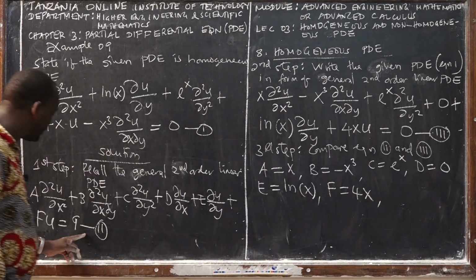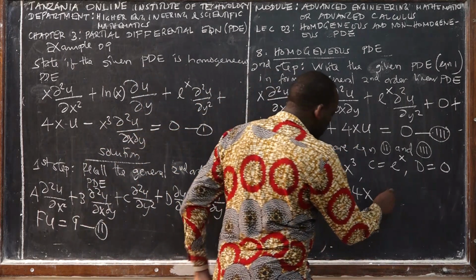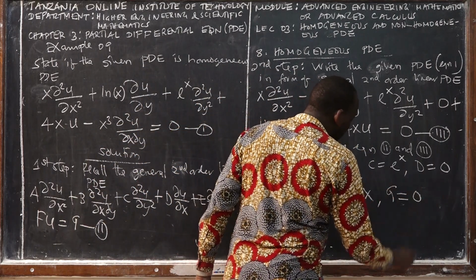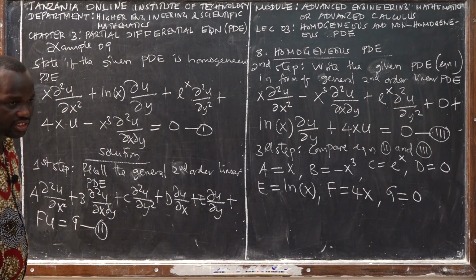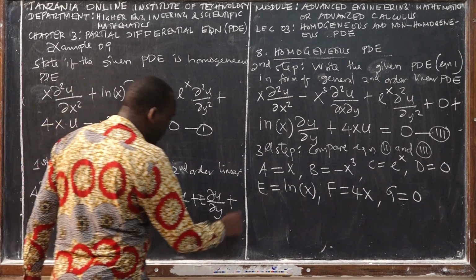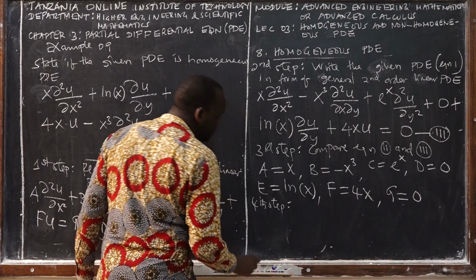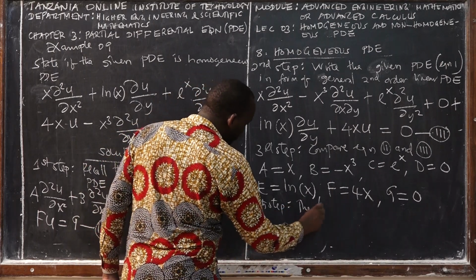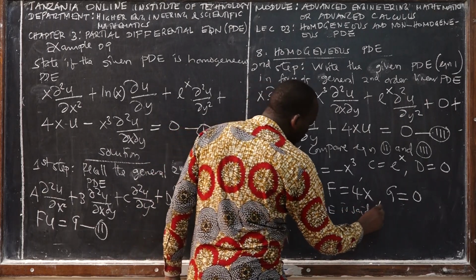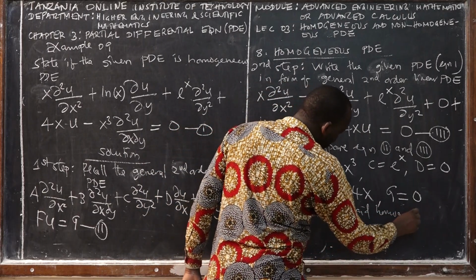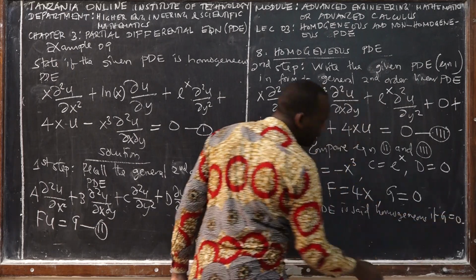Then we compare on the right hand side, we have G. G is compared with 0. So that will make G equal to 0. What is the condition for homogeneity? So then we go for the first state. We say that the partial differential equation is said to be homogeneous if the value of G is equal to 0.